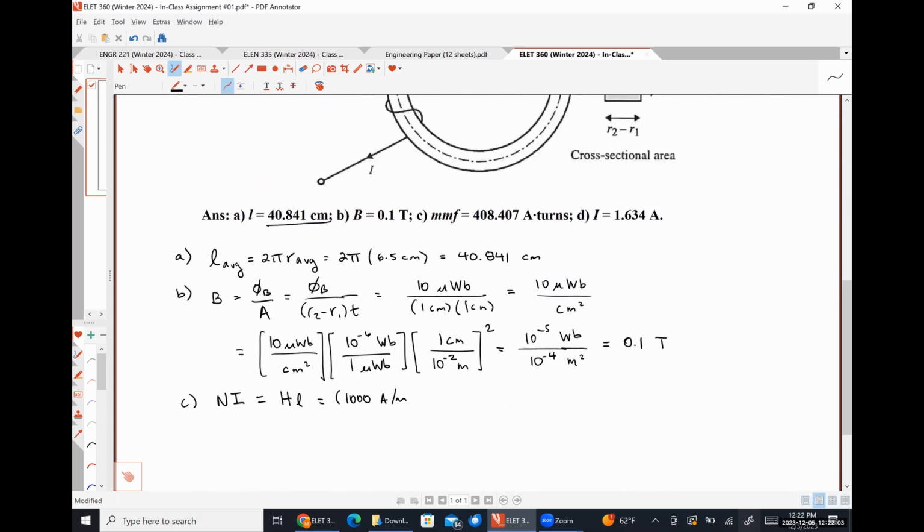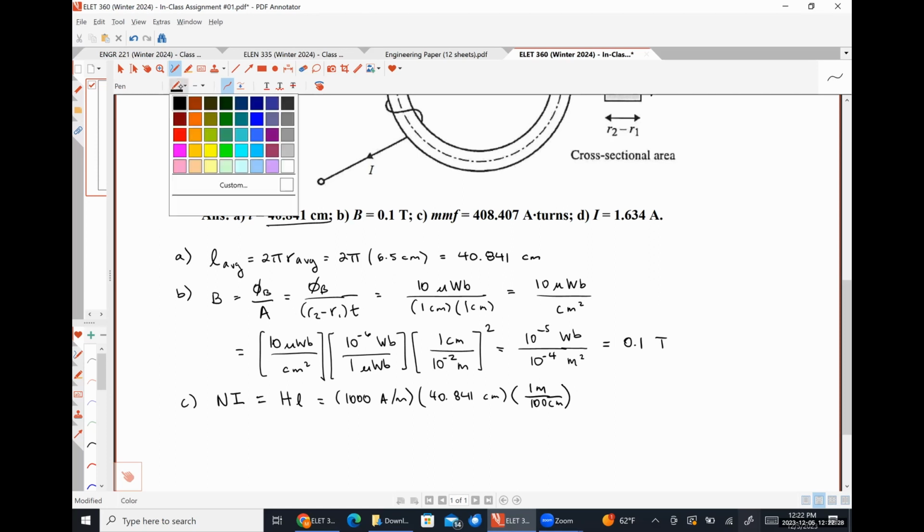And we have our average flux path of 40.841 centimeters. And we're going to need to convert centimeters into meters. So for every 1 meter, we have 100 centimeters.